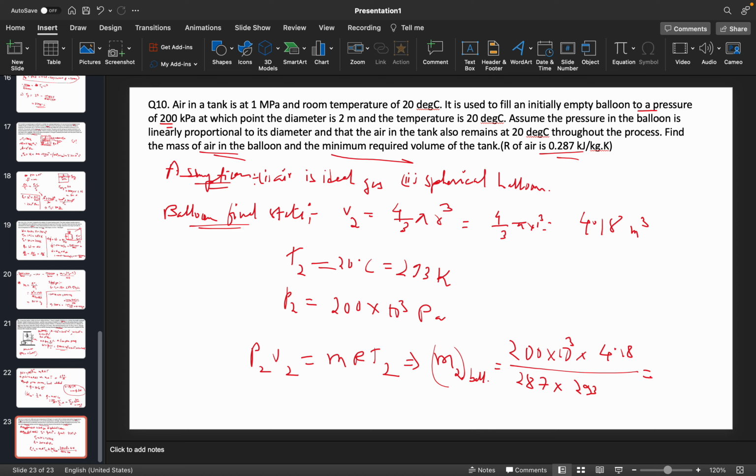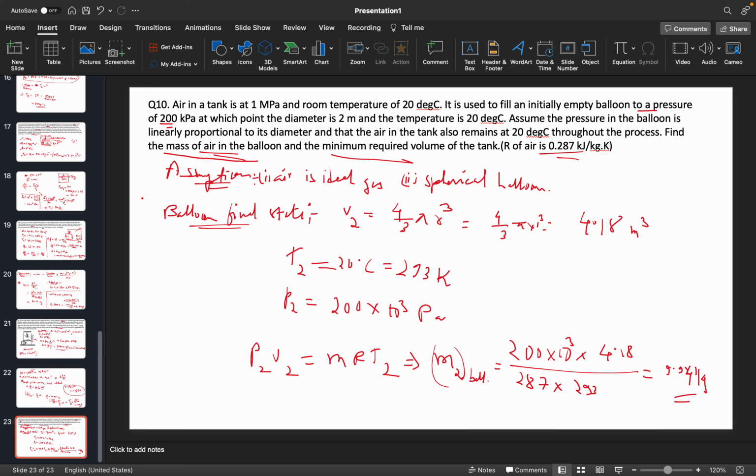So 200 into 10 to the power 3 into 4.18 by 287 into 293. Your final mass of the air in the balloon will be 9.94 kg. So this first part is about the mass of the air in the balloon. It will be 9.94 kg.